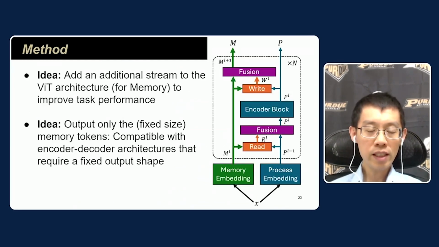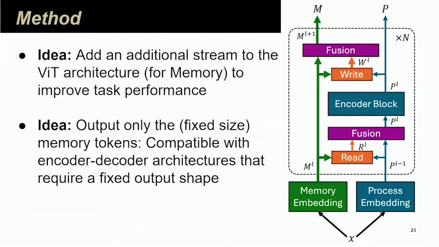So now I explain how this will work. The traditional transformer will be on the right side. So we have a processing embedding. Then basically the processing will go through these layers and computation. We want to reduce the number of tokens to reduce computation. But at the same time, we also want to have more tokens in the memory so that if necessary, we can recover the accuracy by using the memory.